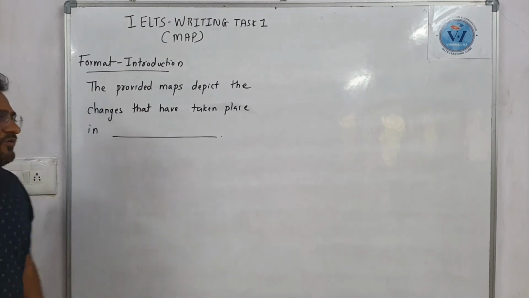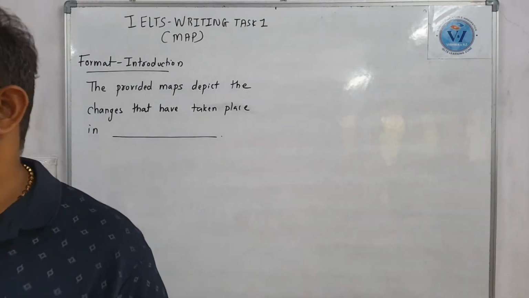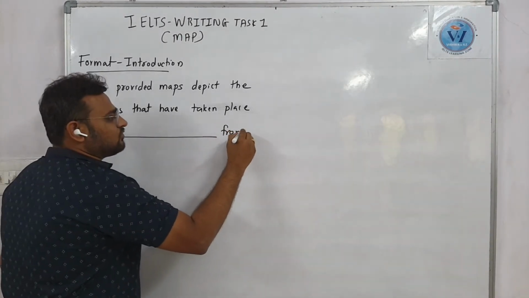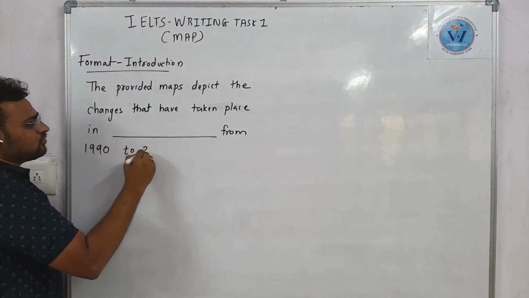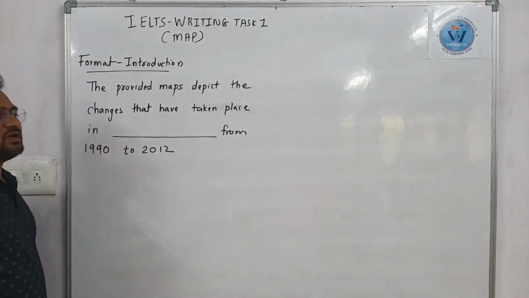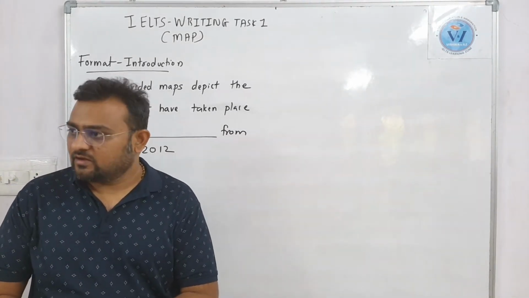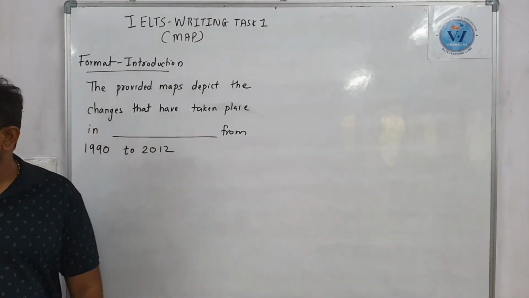Okay, now when there are two periods given, like in this case it's 1990 and 2012, I can write from 1990 to 2012. Clear? The other way is to just make a full stop here.